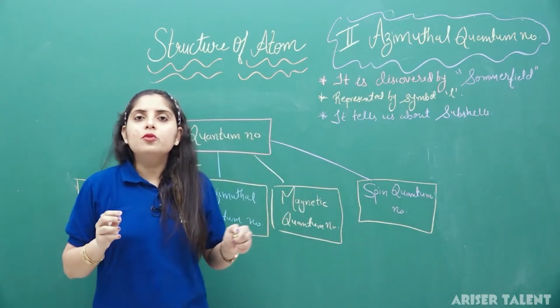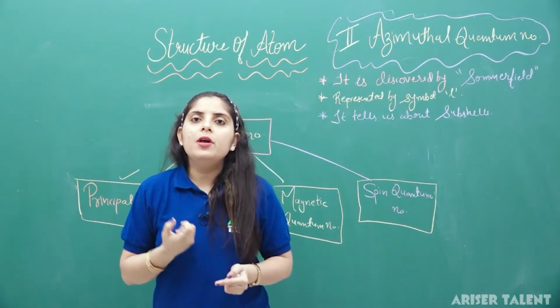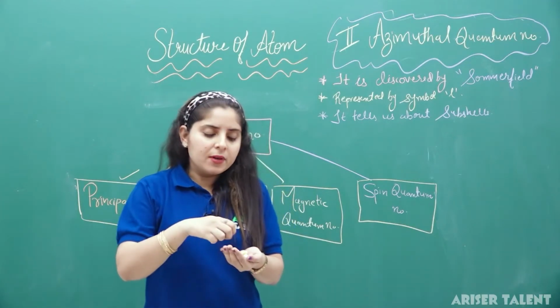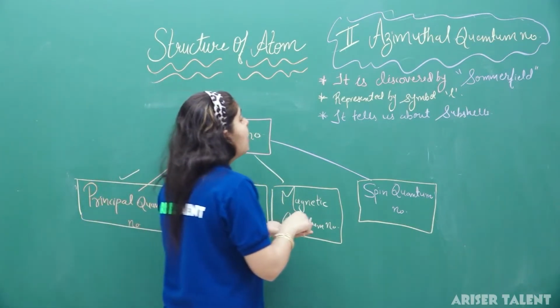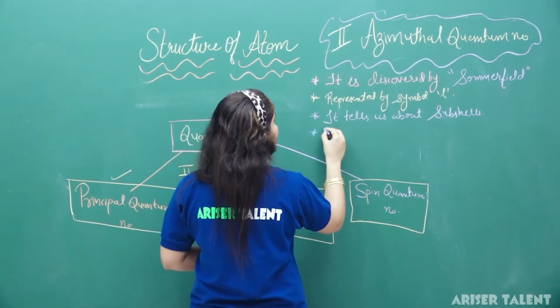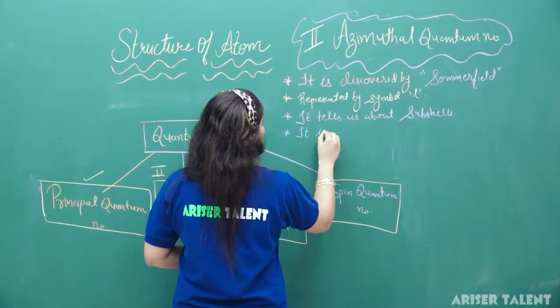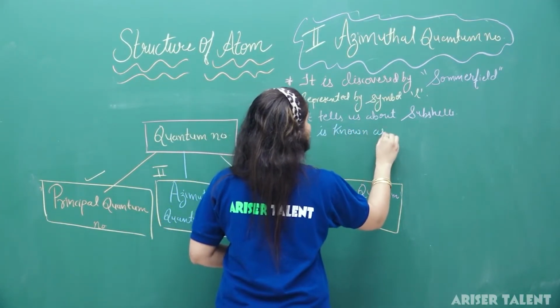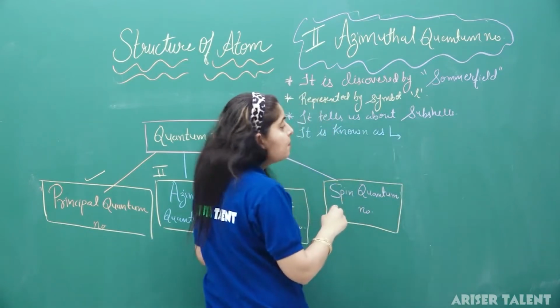Another name for azimuthal quantum number is angular quantum number, secondary quantum number, and subsidiary quantum number. So another name for azimuthal quantum number is, it can be known by three names.